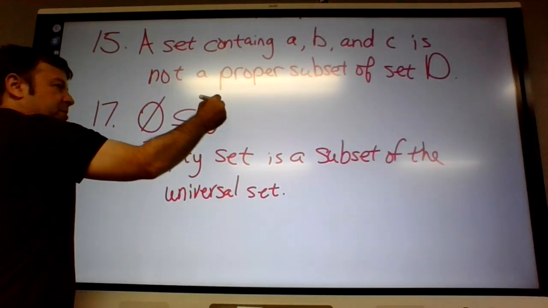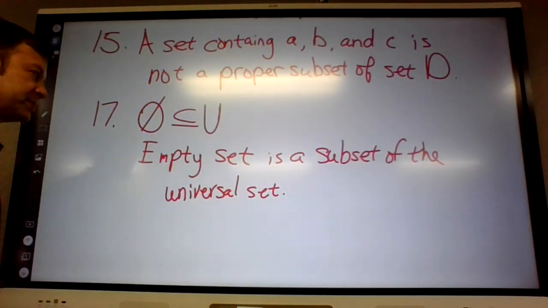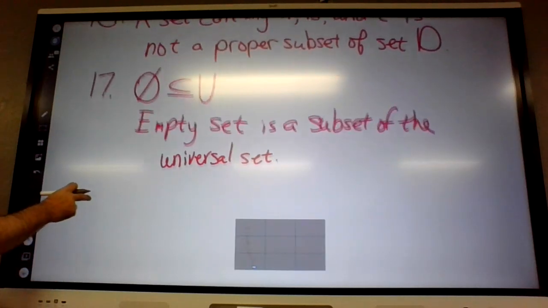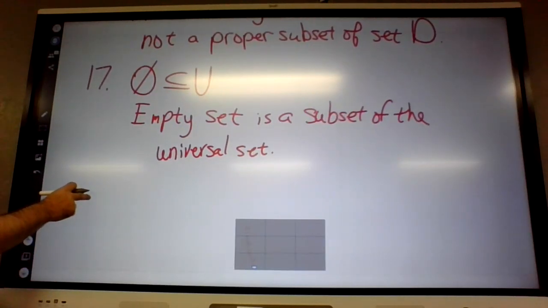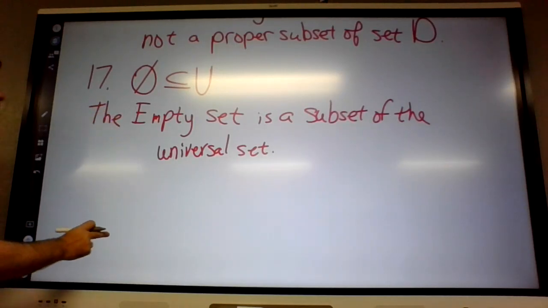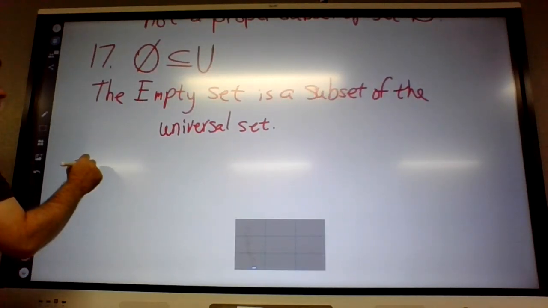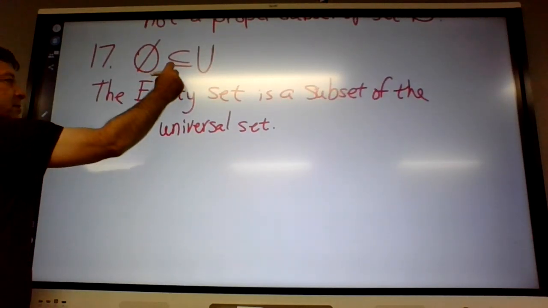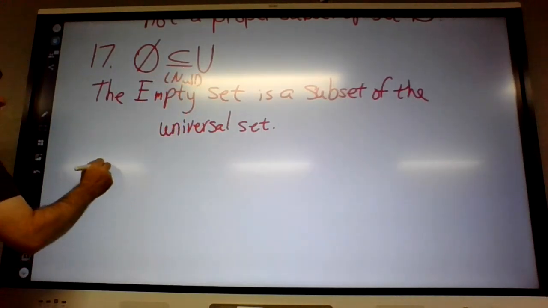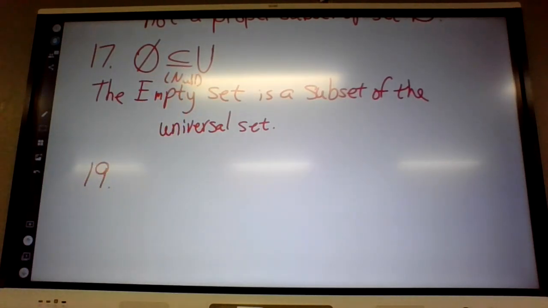So yeah, you're only supposed to use U when you're talking about the universal set. Probably should have put the empty set. You could also call this the null set.